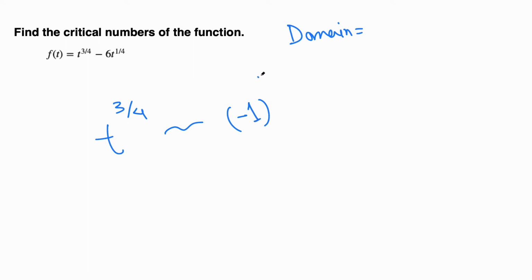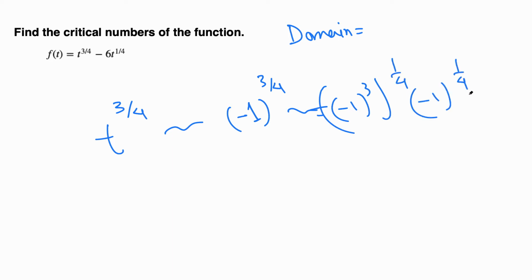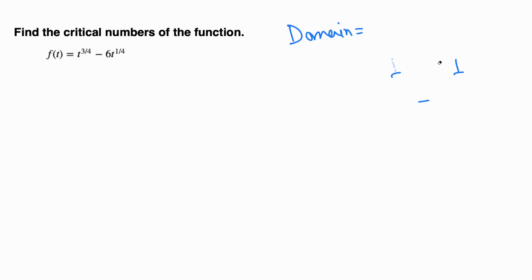Let's say -1 raised to 3/4, it's an imaginary number, because this is like (-1) cubed raised to 1/4. (-1) cubed is just -1 raised to 1/4, or you can just try -1 raised to the 3/4 in your calculator. You are not going to get a nice thing. It's an imaginary number, so negative numbers are not in this function, but 0 is good and all the way.